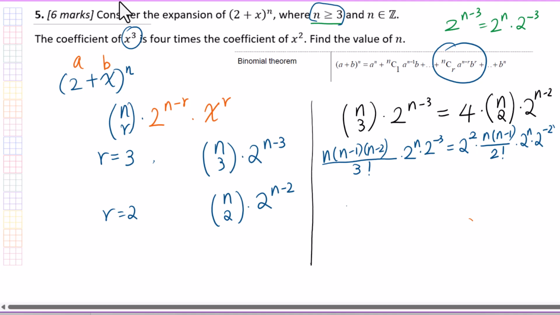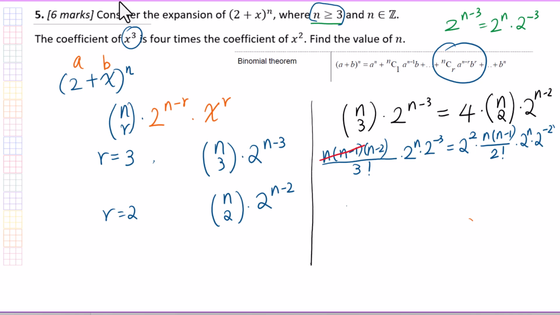Let's simplify. n times n minus 1 and 2 to the nth power cancel on both sides. So we get n minus 2 over 3 factorial, which is 6, times 2 to the negative third power, which is 1 over 8.